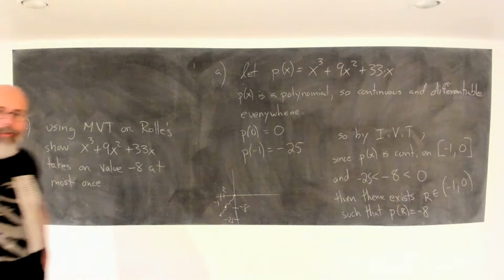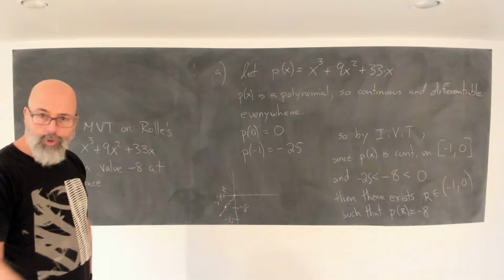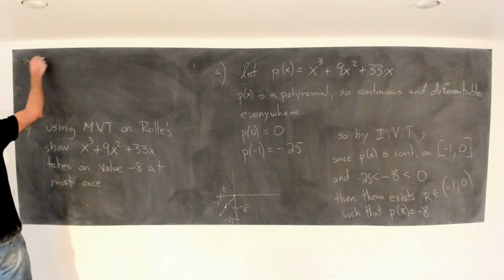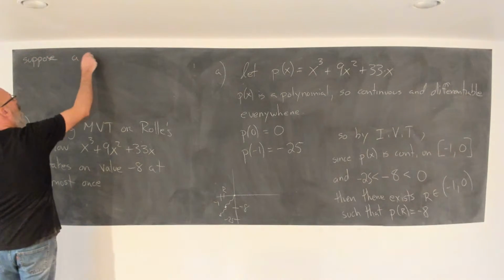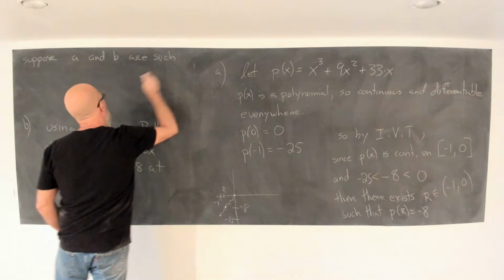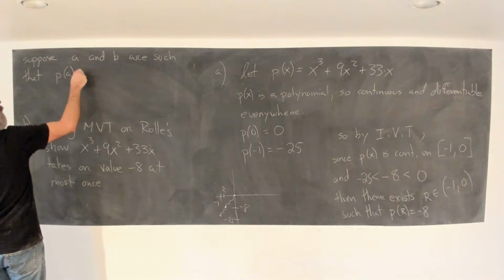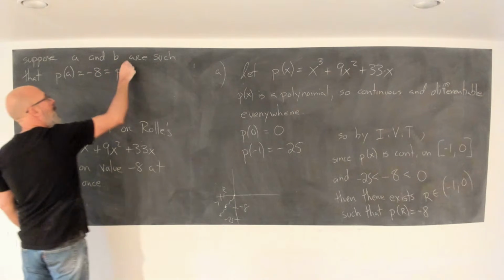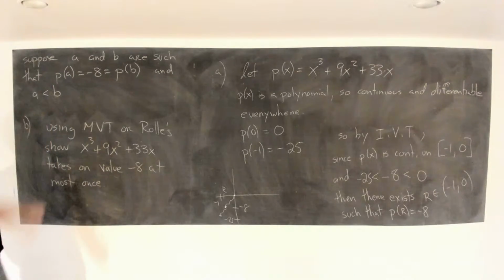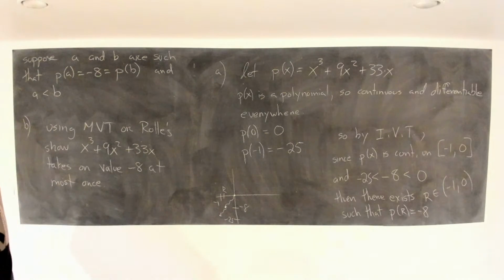Now we want to show that it doesn't cross it more than once. So suppose it crosses it twice. Suppose A and B are such that P of A is -8, and so is P of B. And let's say that A is less than B. Right?